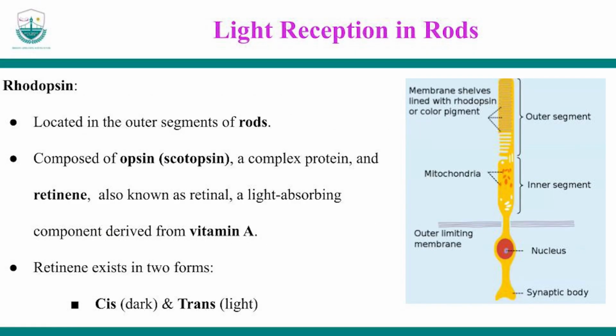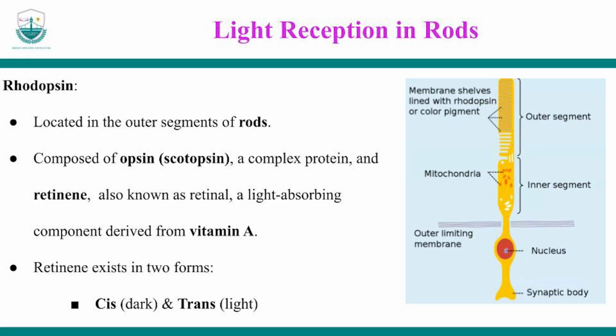So let us start by looking at the rods. The rods, you can see that the structure is rod-shaped, and they have membranes that contain the photopigment or the photosensitive pigment, and that photosensitive pigment is what we call rhodopsin.